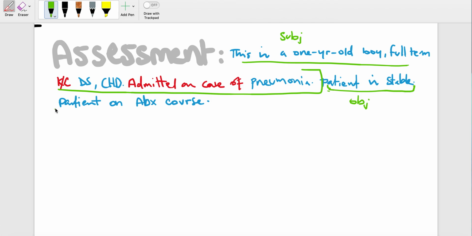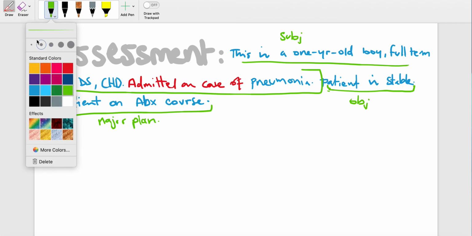And then this part is our major plan, okay? So if our patient is stabilized and he finished his antibiotic course, inshallah he can be discharged home, okay? So this part is the major plan of our patient, okay?